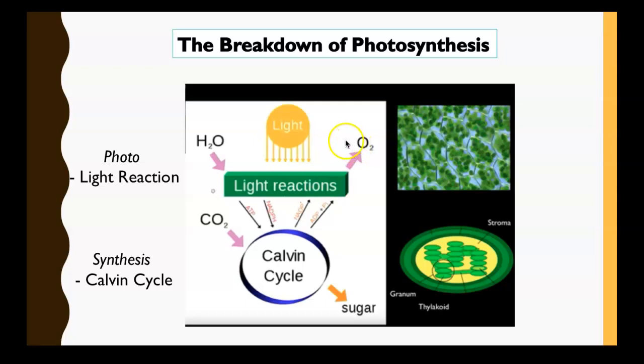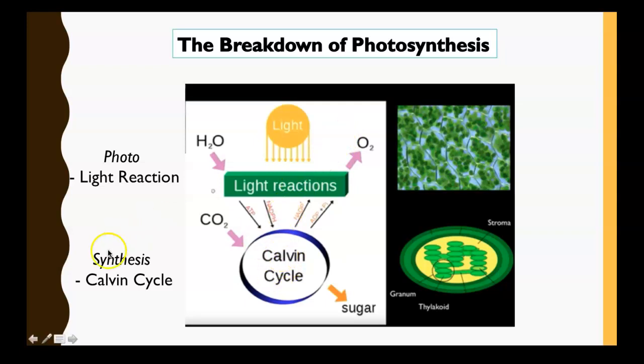So again, the light reaction requires sunlight and water to produce ATP and NADPH, which are stored energy molecules, as well as oxygen, which will be produced out into the atmosphere for humans and animals to use to breathe.